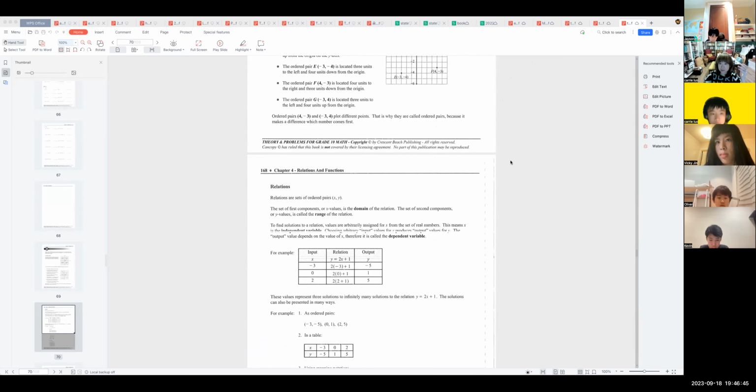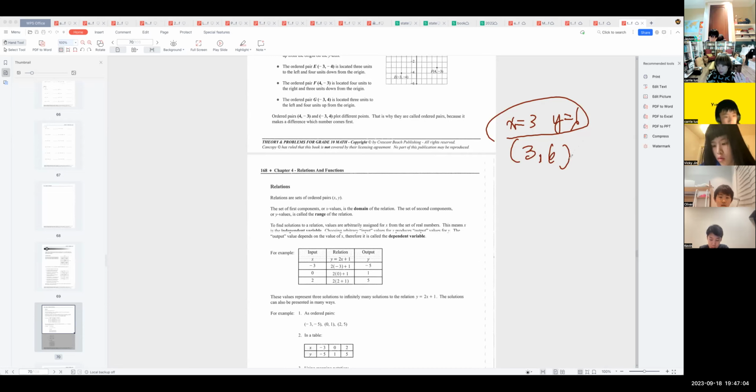Okay, so let's take a look at this one. So everybody, if I give you x equals 3 and y equals 6, you can rewrite it as an ordered pair like (3, 6). But what does it mean, okay? That means when x equals 3, y equals 6. So Elaine may wonder, can I say when y equals 6, x equals 3? Of course. But usually when we do that, x is input and y is output.